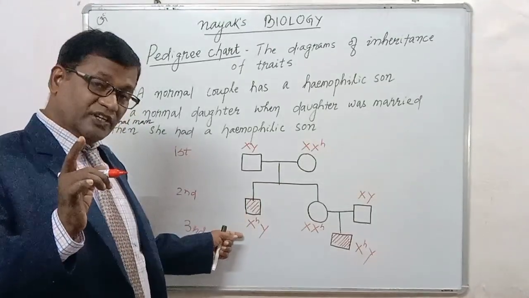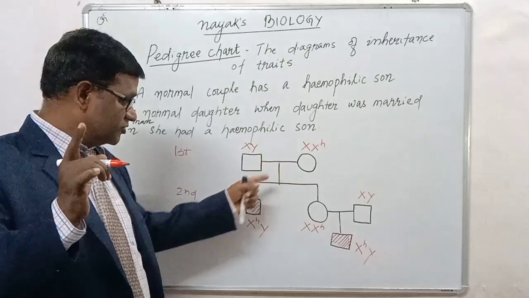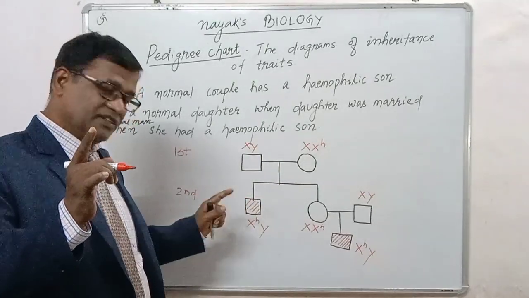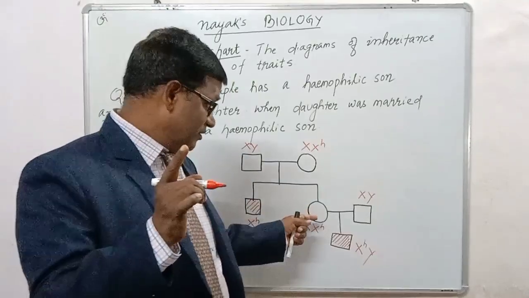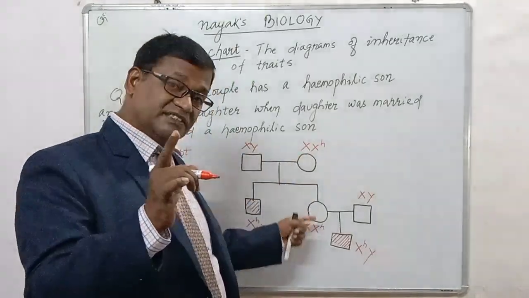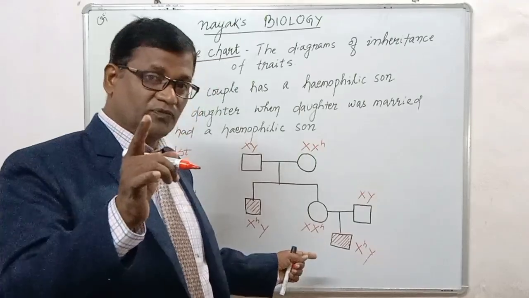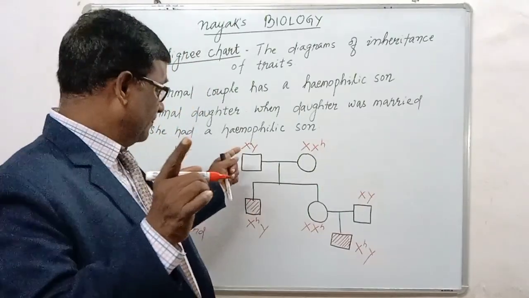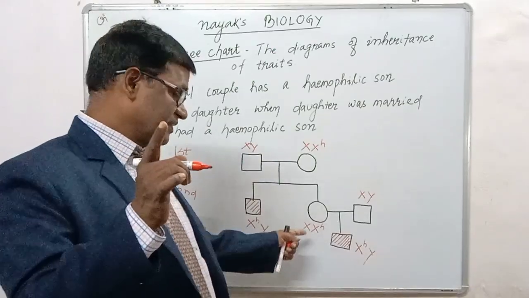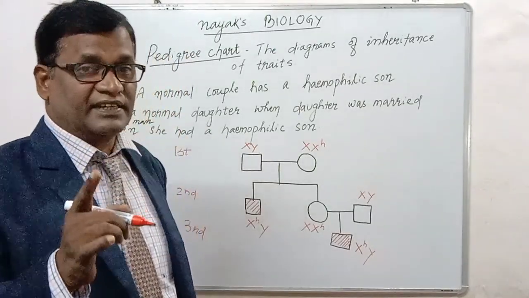The son has only one X chromosome and that comes from the mother, and the Y chromosome comes from the father, that's why the son is affected. But his own daughter is not affected, because no doubt the mother gives the hemophilic X chromosome, but the father gives one X chromosome. Because two X chromosomes are there, only one is affected. That's why she is a carrier, not affected.